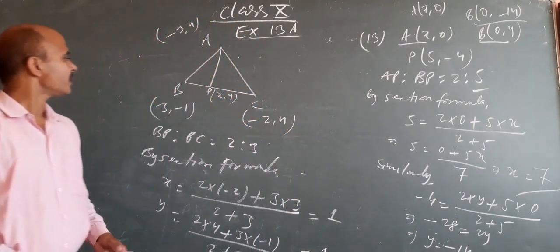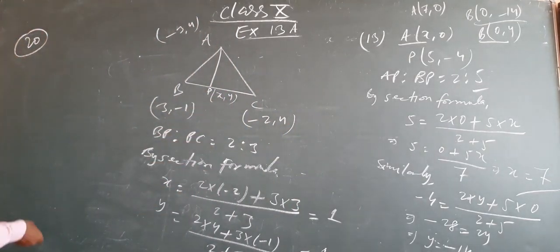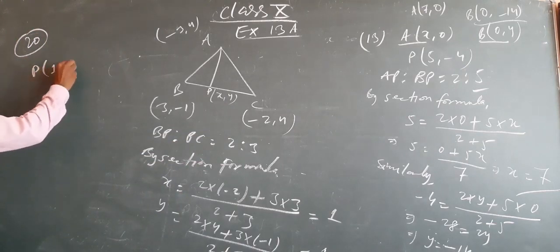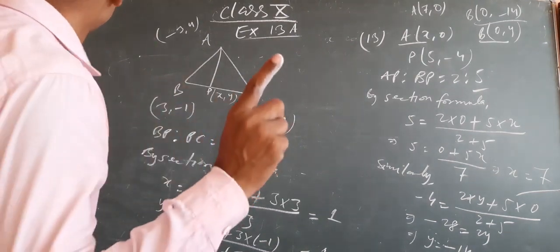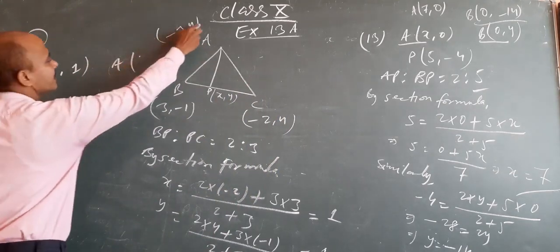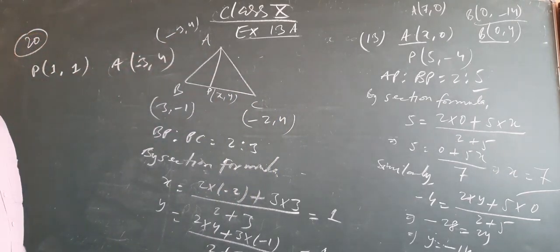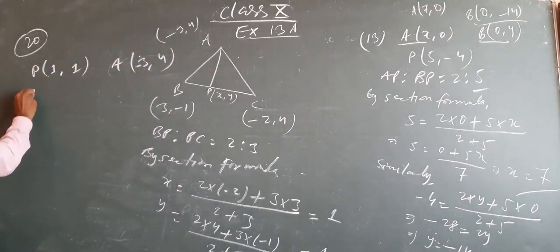So we know the coordinates of P. The value of x we have got 1 and the value of y is also 1. So coordinates of P are (1, 1) and coordinates of A are (-3, 4). Now we can use the distance formula to find the distance between A and P, that is AP.